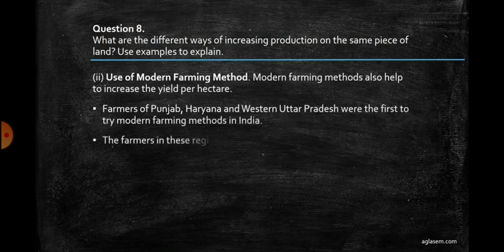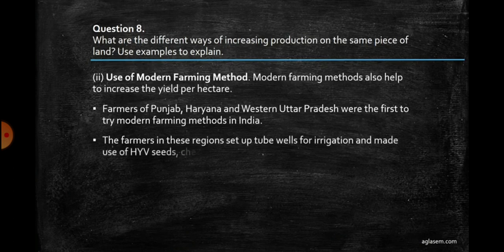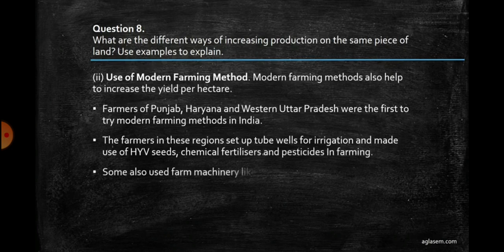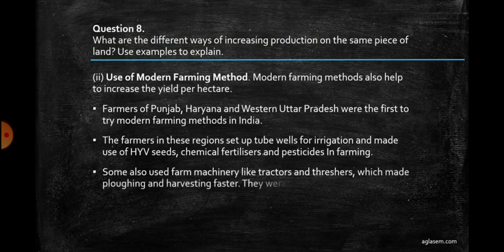The farmers in these regions set up tube-wells for irrigation and made use of HYV seeds, chemical fertilizers, and pesticides in farming. Some also used farm machinery like tractors and threshers, which made plowing and harvesting faster.